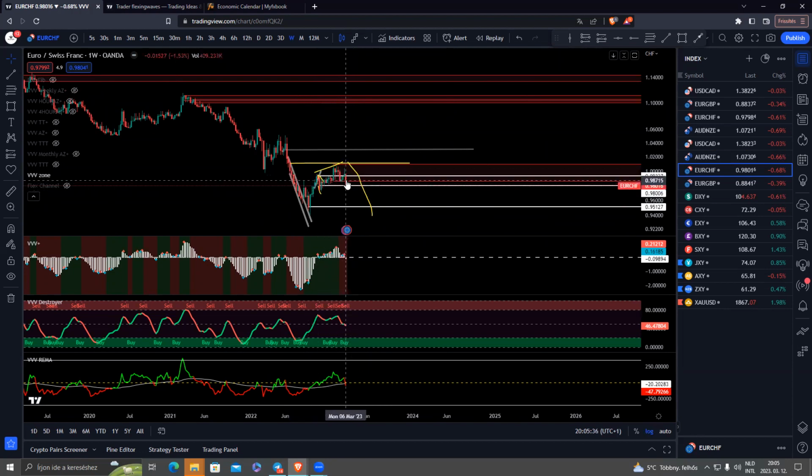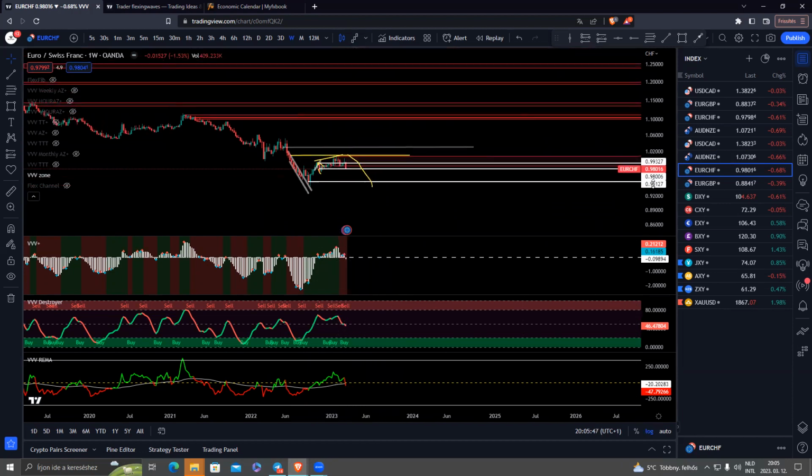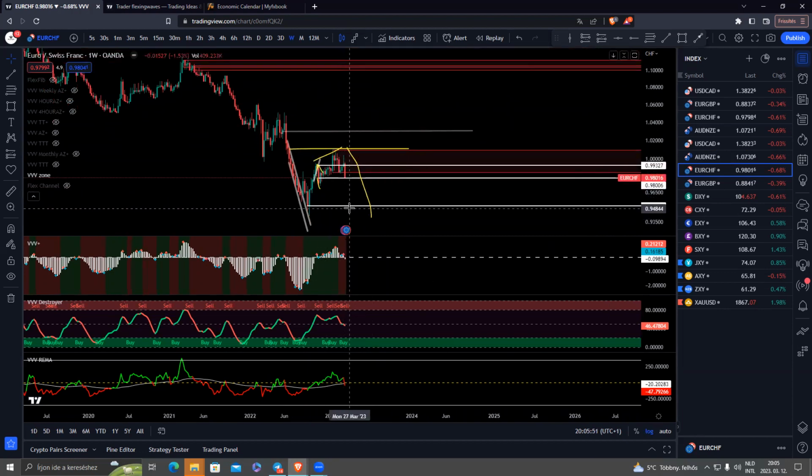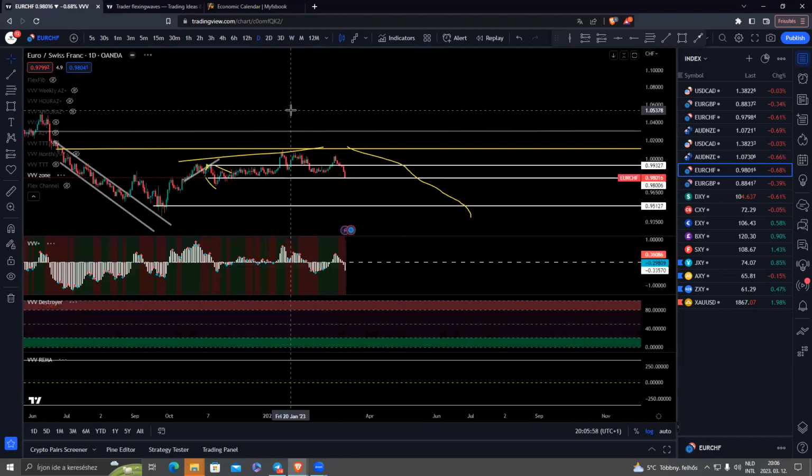This has to break to go further down actually, and this will be the target zone, the first target zone here. And if we get there, let's see what the price and how the market looks like. It's more interesting, in fact.